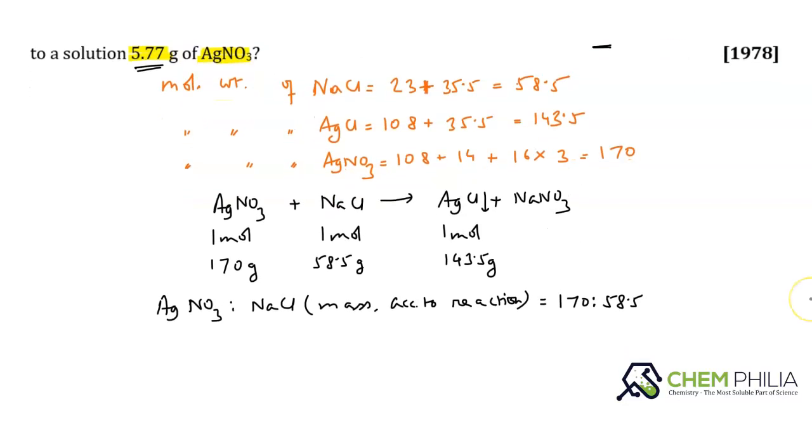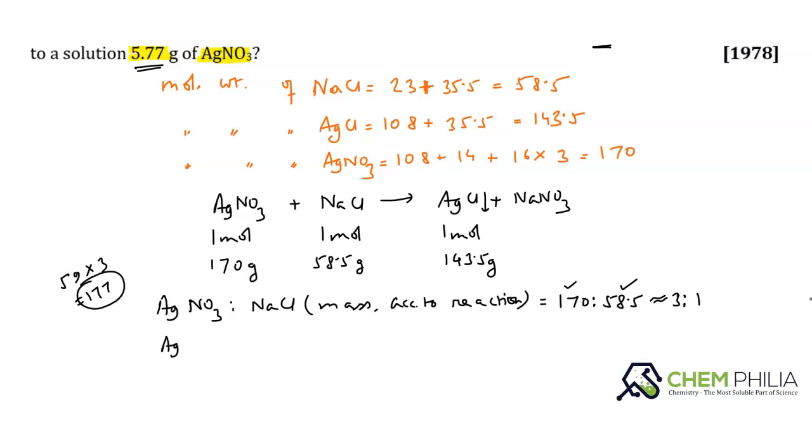Clear? Now one thing you must remember: when 59 is multiplied by 3, it becomes 177, and here it is 58.5 and the figure is 170. So almost it's 3 is to 1. It's almost 3 is to 1, we can say, right?